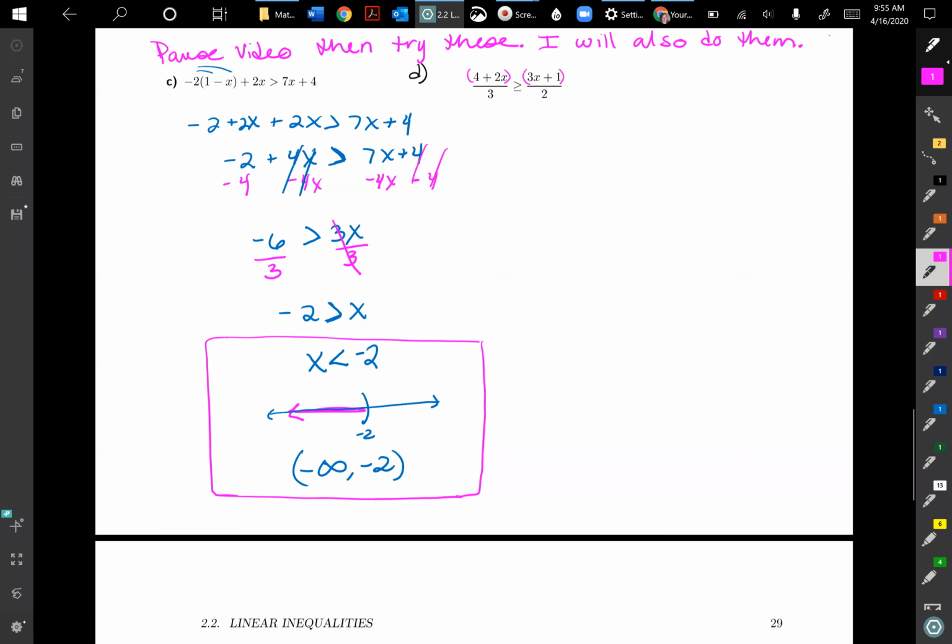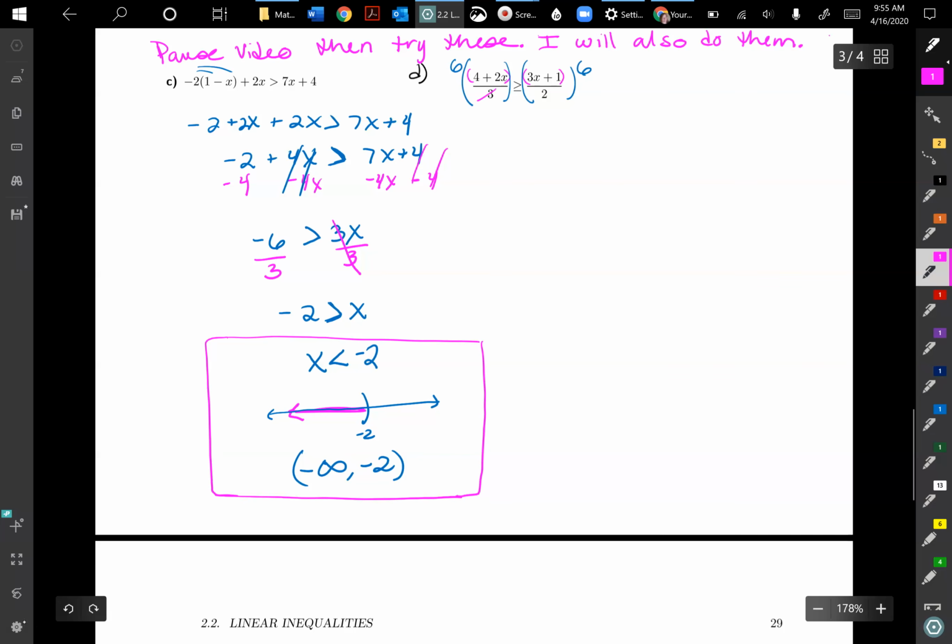Okay, so if I want to clear the denominator, I have a couple fractions, so I could multiply both sides by the lowest common denominator, which would be 6. And then I can reduce on the diagonal.